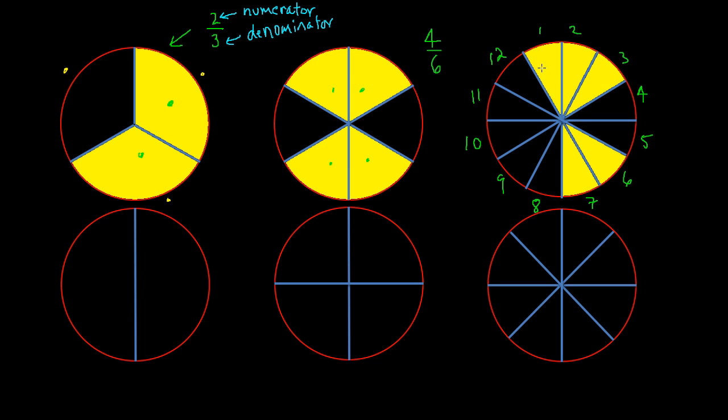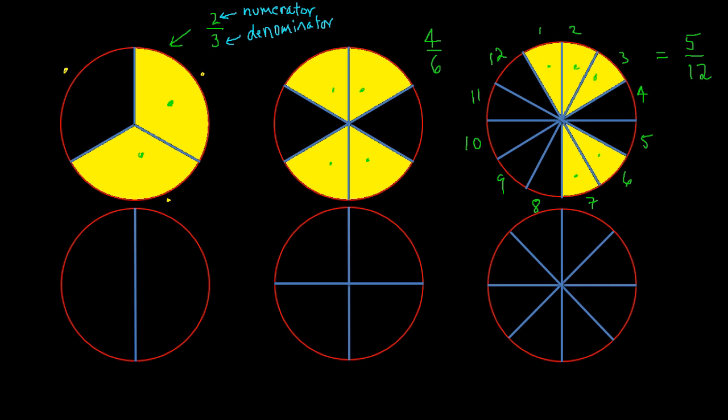In fact, each slice is half the size as the previous example when I sliced it into 6. So if I want to share this with 12 people, this is the way I would slice it. Now, how many pieces are highlighted here? 1, 2, 3, 4, 5. We represent that fraction as 5 out of 12.